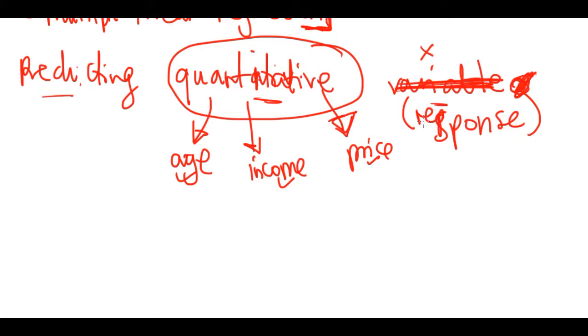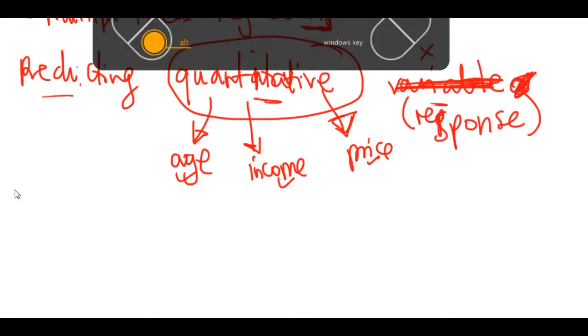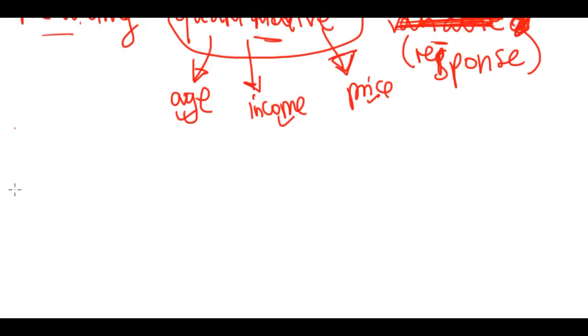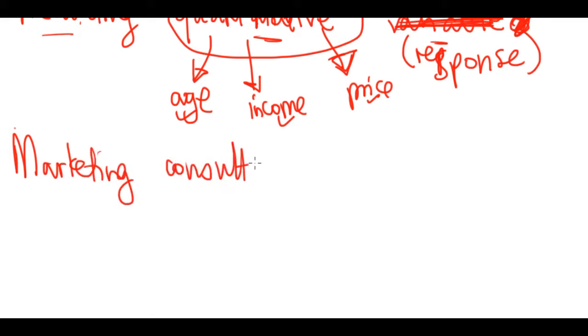So what will be in this chapter, for us to make this make sense? We're going to be assuming that we are marketing consultants, or statistical consultants, and our task in this chapter is there is a company that sells products, right?